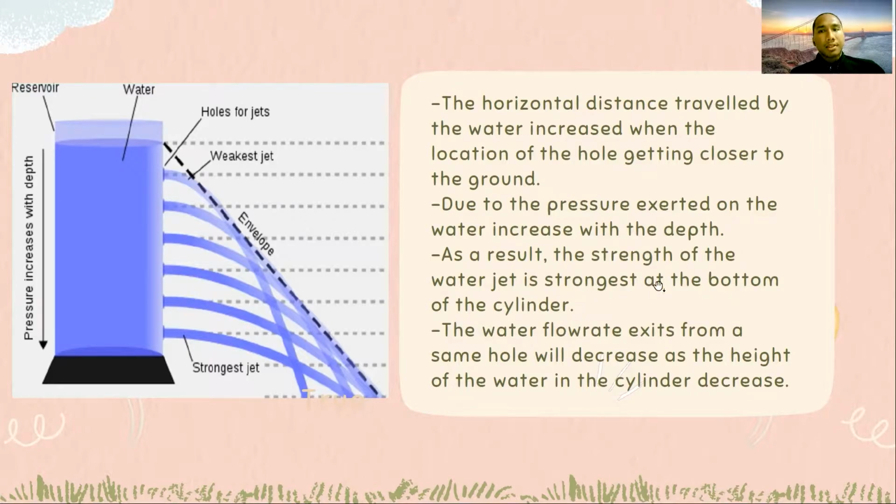As a result, the water jet is stronger at the bottom of the cylinder. The water flow rate exiting from the same hole will decrease as the height of water in the cylinder decreases. As you can see in this picture, that is described with this explanation.